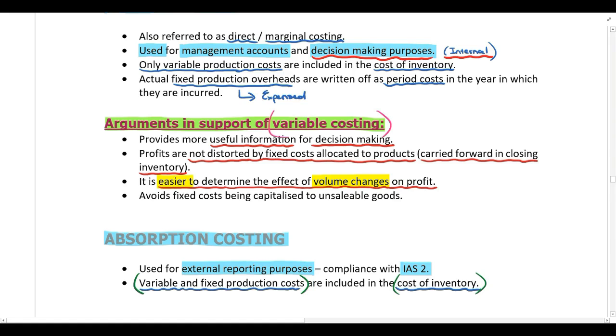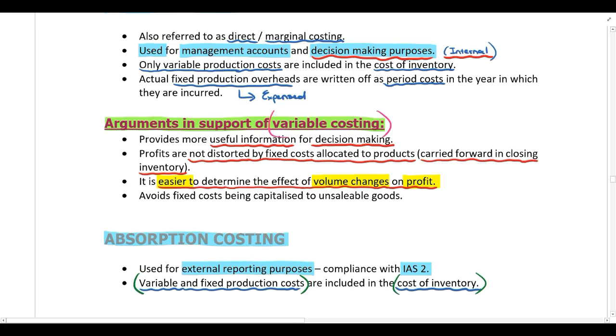So it's easy to determine the effect of volume changes on profit. On the other hand, guys, with absorption costing, it is possible to have a situation where you have your sales volume decreasing, but you've got profits increasing. The reason for that is because of the fixed costs sitting in opening and closing inventory, which are distorting profits.